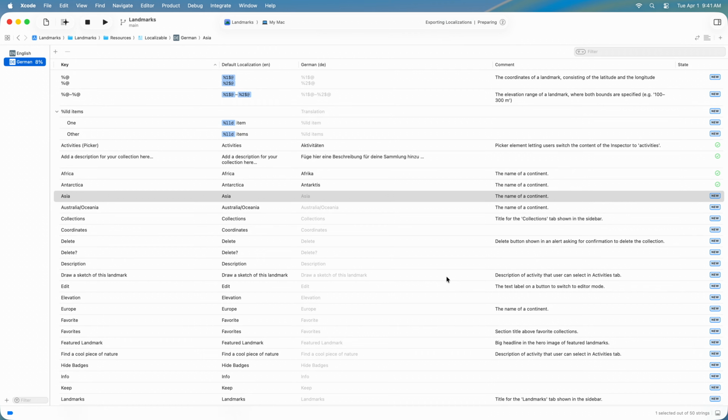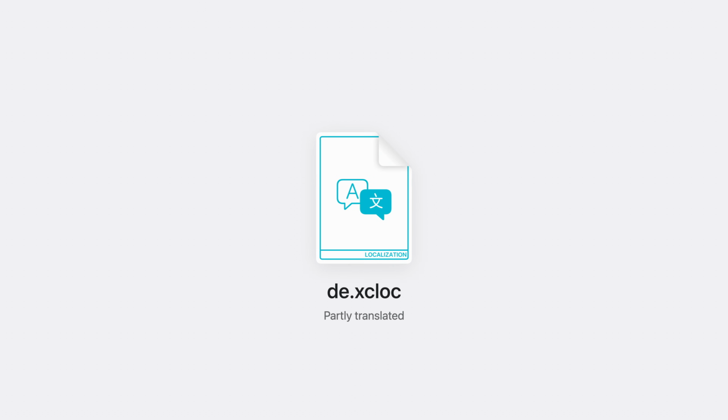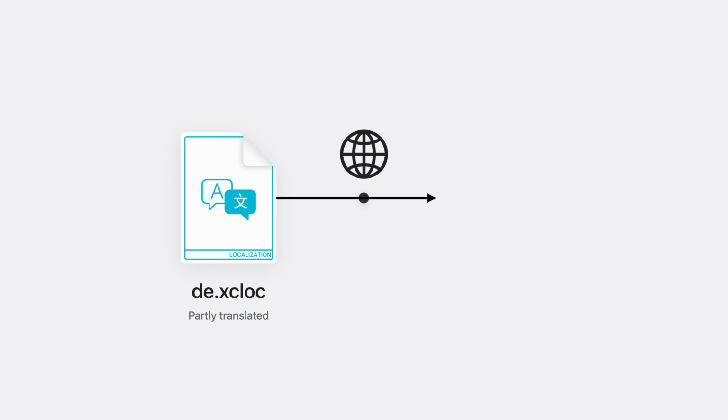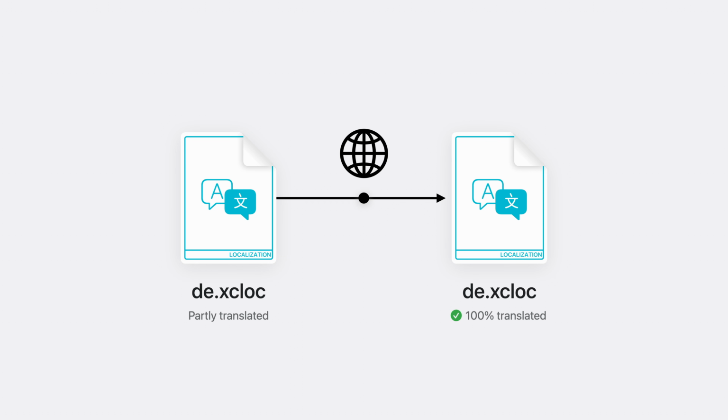This will produce a localization catalog file with all the German translations I have so far, as well as the English strings that have not yet been translated. This package file contains an industry-standard XLIFF file which translation services can easily work with. And once they're done, they will send back the fully translated localization catalog.